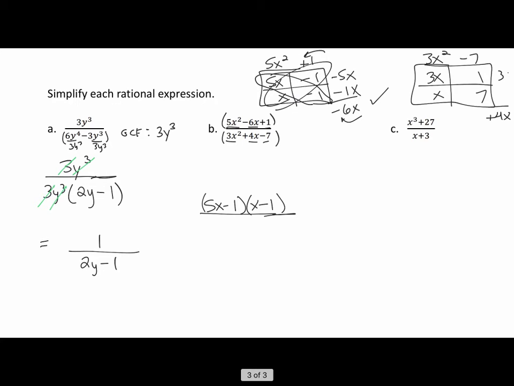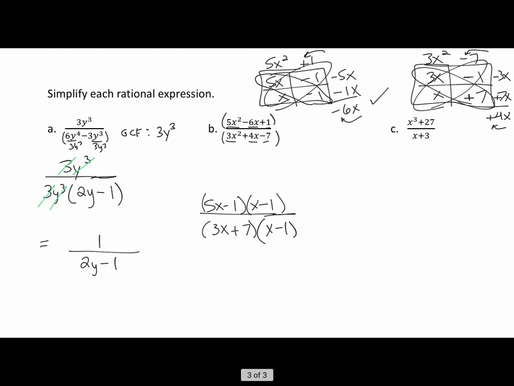Too big. But if we multiply that across, 3x and 7x, different signs. Bigger is positive. That works. That adds up to 4x. So put the negative sign on that one, the positive on that one, and let's go across. So 3x plus 7 is a factor in the denominator, and x minus 1 is a factor in the denominator.